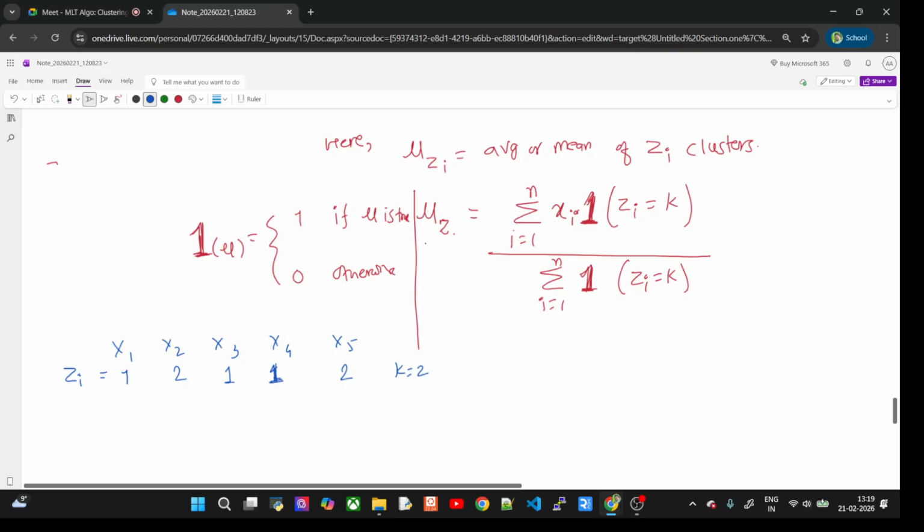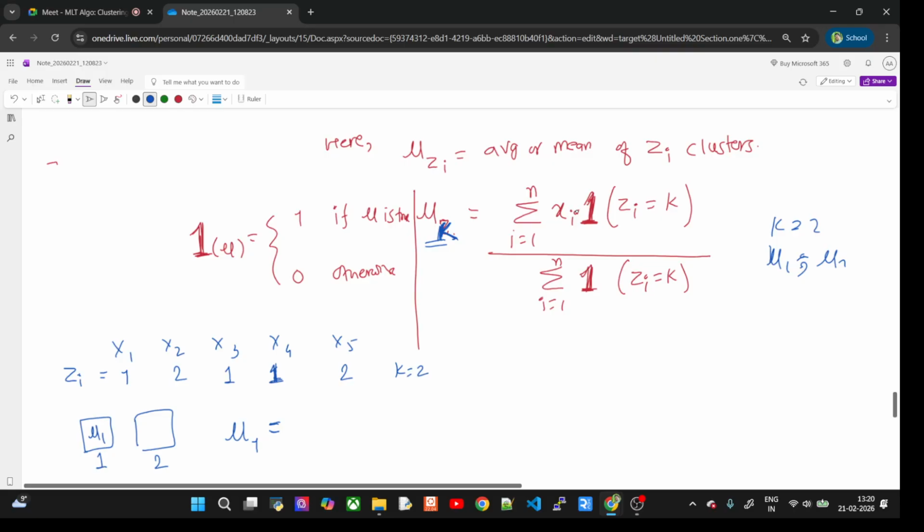If someone asks whether you can calculate mu here, like the mean of that, I will say that because there are two clusters or two boxes, 1 and 2, I want to calculate the mean of the first box, mu1. We have to calculate for k clusters, k equal to 2, so you want mu1 and mu2. So mu1 is what?